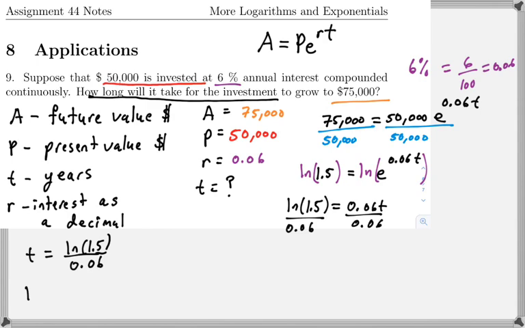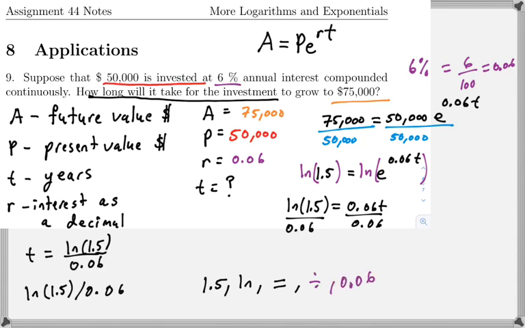So if you have a TI-30X IIS, you'll hit the ln, it'll give you a parenthesis, put in 1.5, close parenthesis, and then divide by 0.06. If you have a phone calculator, you type in 1.5, then hit the ln button. I think you might have to hit equals, you might not have to hit equals, and then we would have to hit divide, and then 0.06, okay?